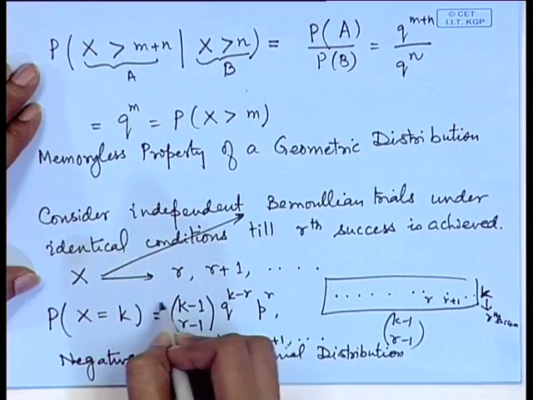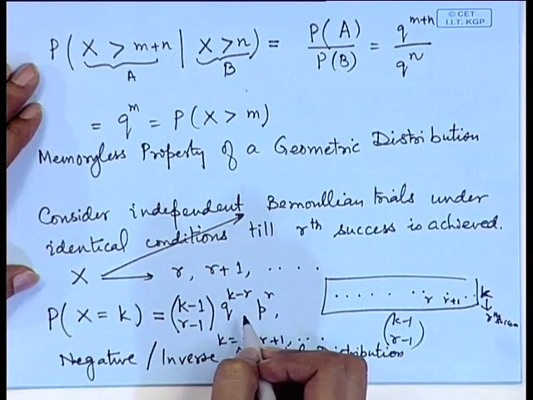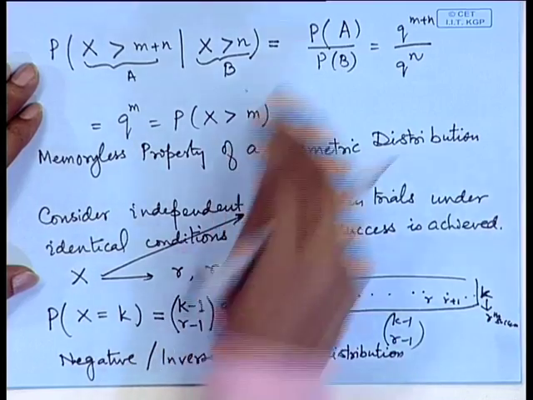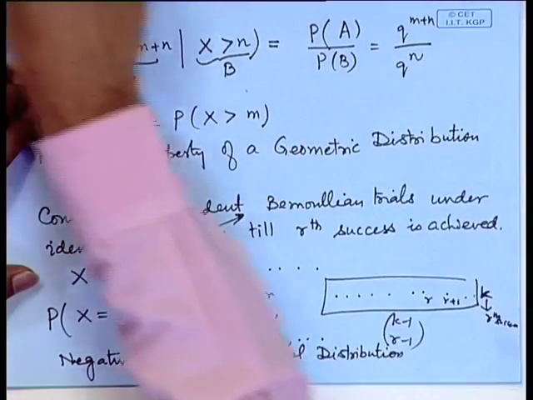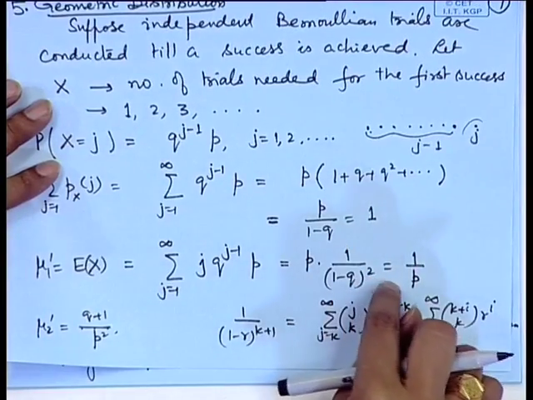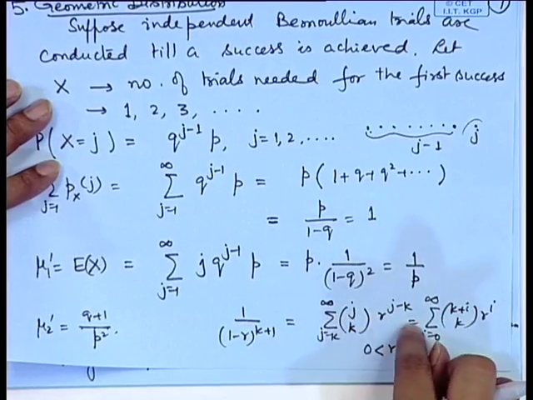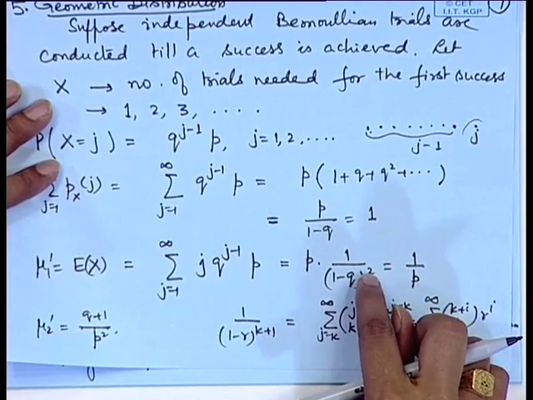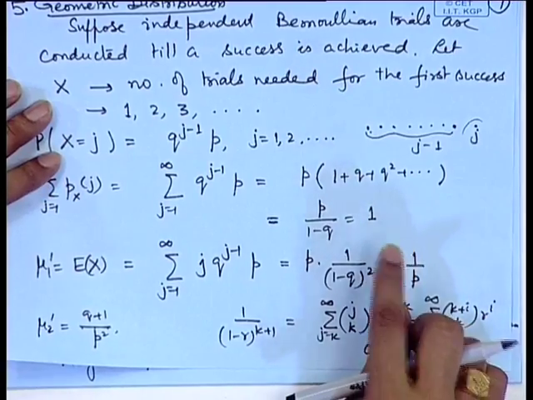Now, in order to see that it is a valid probability distribution, we have to sum it, and if we want to calculate the moments, then the calculations which were shown for the geometric distribution, a similar type of formula will be applicable, because it will require the expansions of negative powers of 1 minus q.